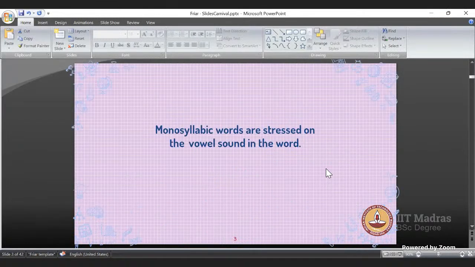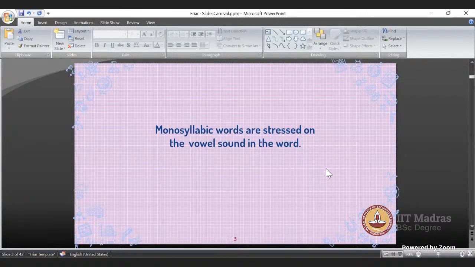Okay. So monosyllabic words, this is the easiest one, since you have only one syllable. There is no question of where the stress falls, because you don't really have a space to stress and not stress. This is one syllable. So whichever vowel sound is involved in the word gets the stress automatically. But it is a little difficult to observe stress in such words, because you do not have multiple syllables to see which one gets more thrust or more force while you pronounce them.